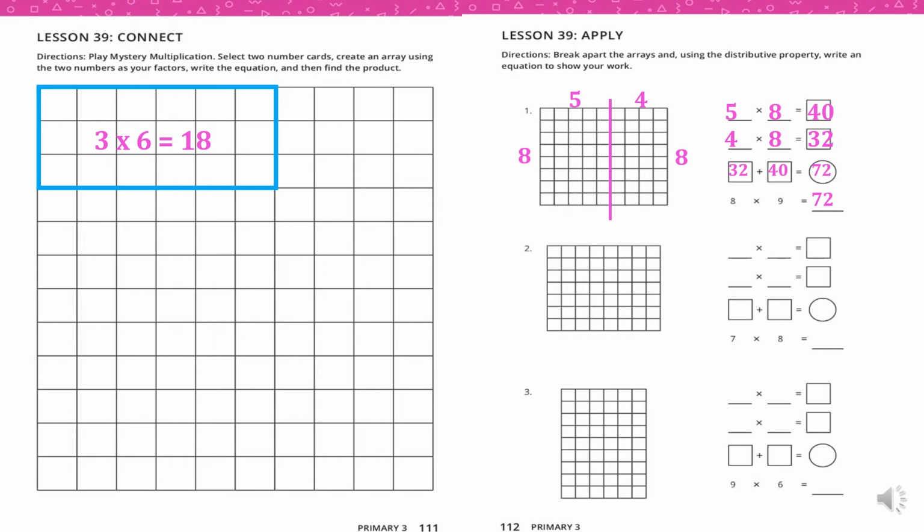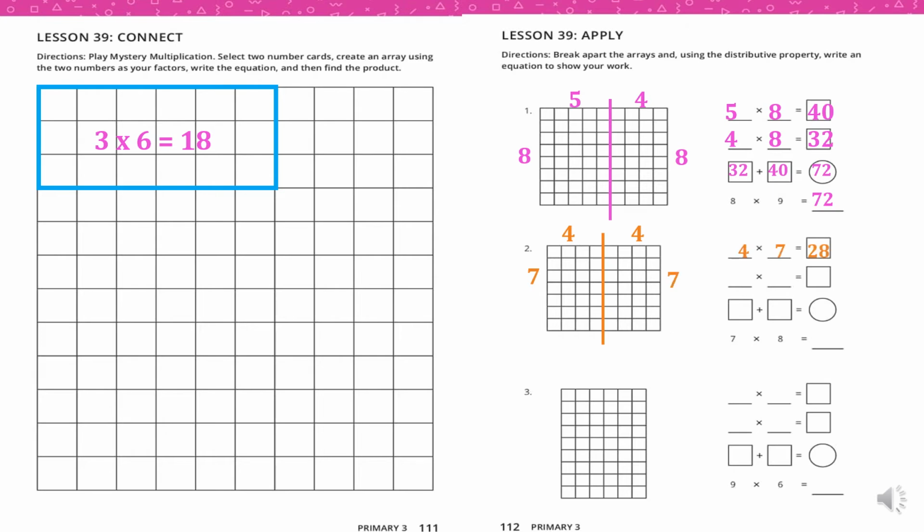Number 2, I will break it like this. Here I split it into 2 equal arrays. The first array is 4 columns and the second 4 columns, and the rows are 7 and here 7 also.